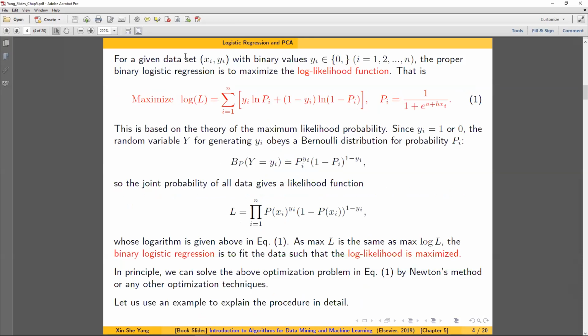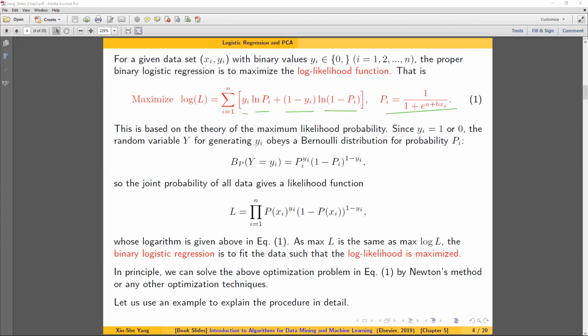For a given data set with binary values 0 or 1, the proper binary logistic regression is to maximize the log likelihood function, which is log L, with this function form, which is the corresponding yi observation times log pi plus 1 minus yi times log of 1 minus pi. pi is this probability.